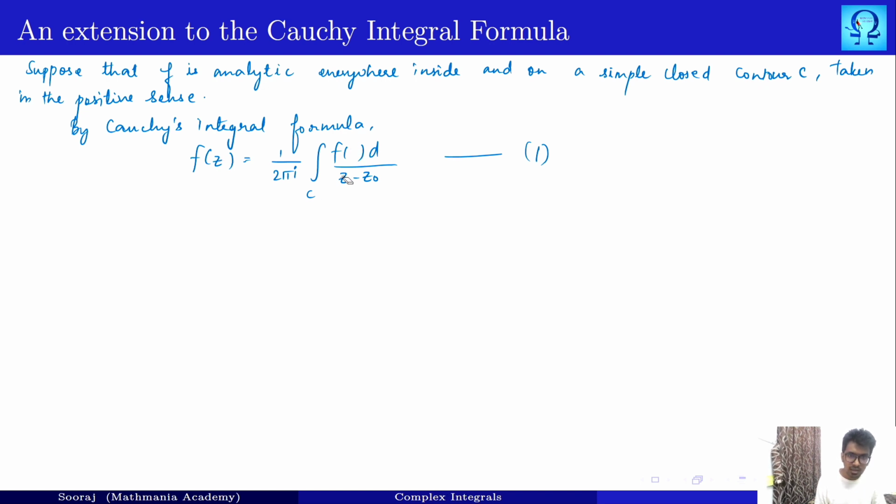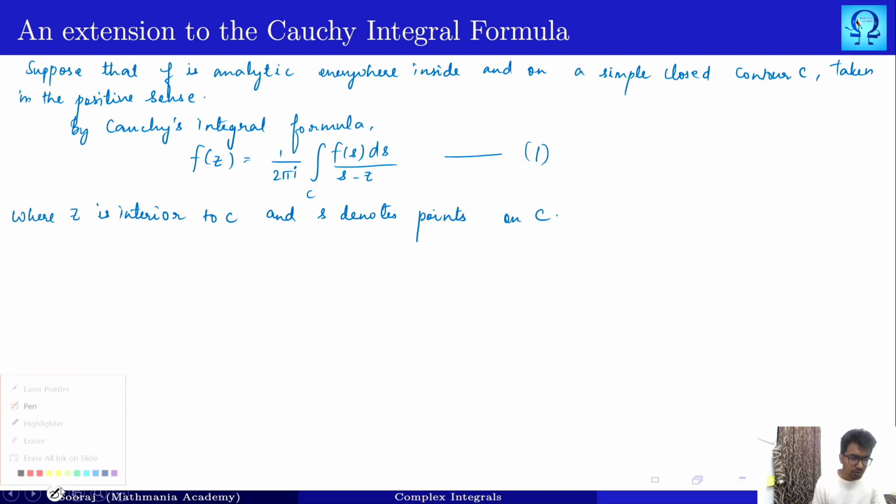So all the z is changed to s. Just a change of variable. Here the point z is interior to c, and s denotes points on c.